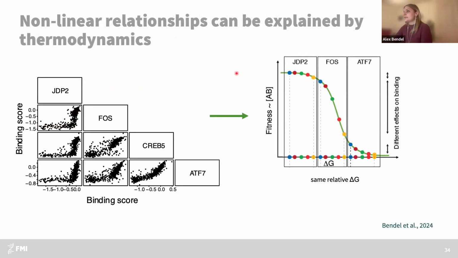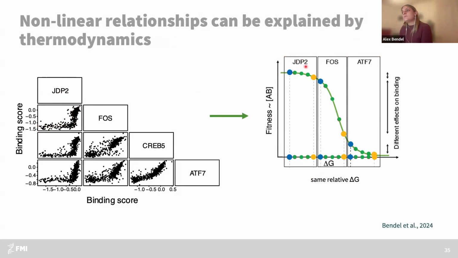So for example, if we look at the blue and the yellow mutation, and we assume that they have the same effect no matter if JUN interacts with JDP2 or with FOS.